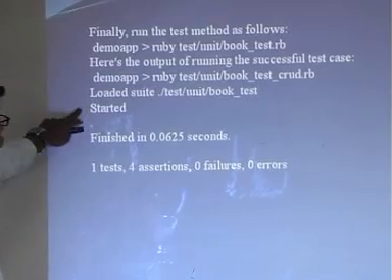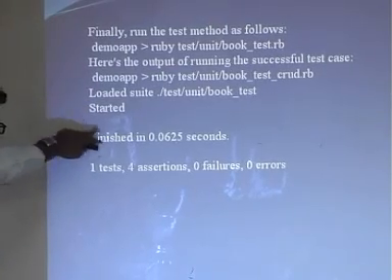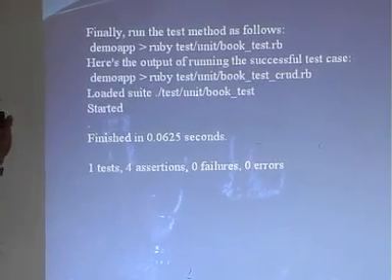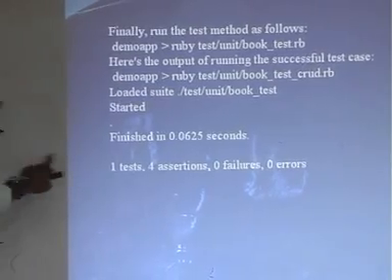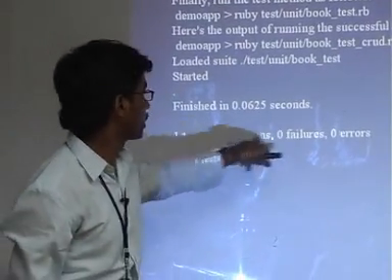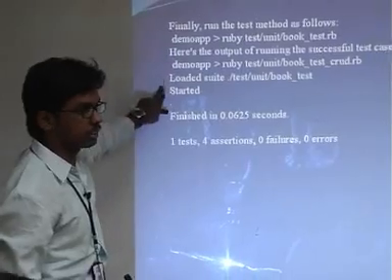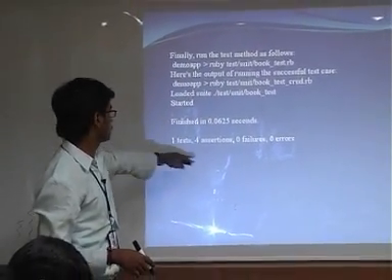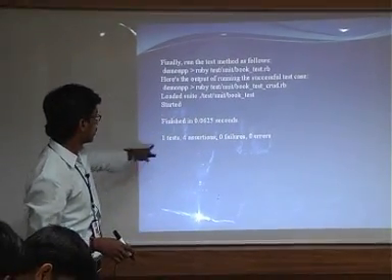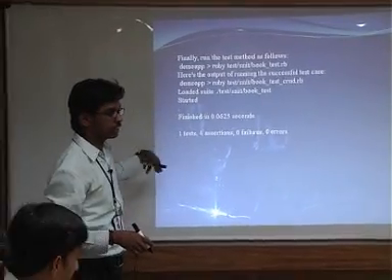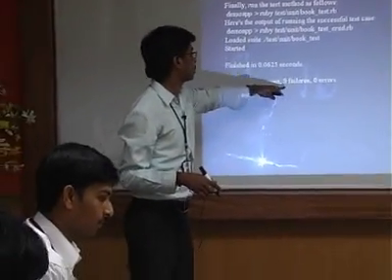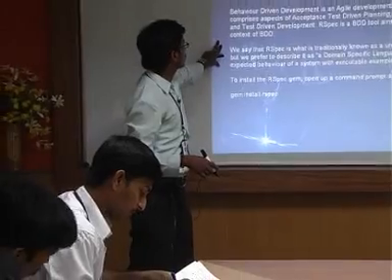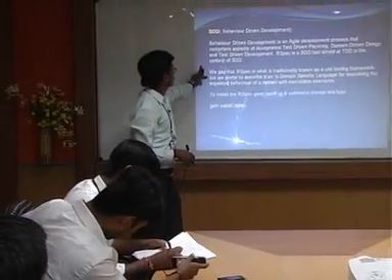In this method, how many errors and failures are there? Previously, I told you four results are shown here: failures, assertions, errors and tests. For the above method, if I take only one method, it will be one test, four assertions and no failures. A small example I have shown here.